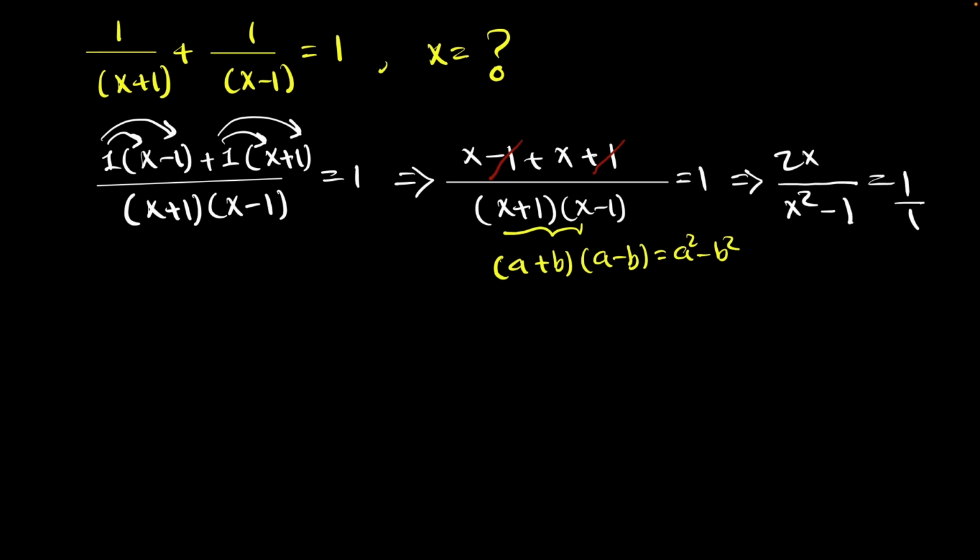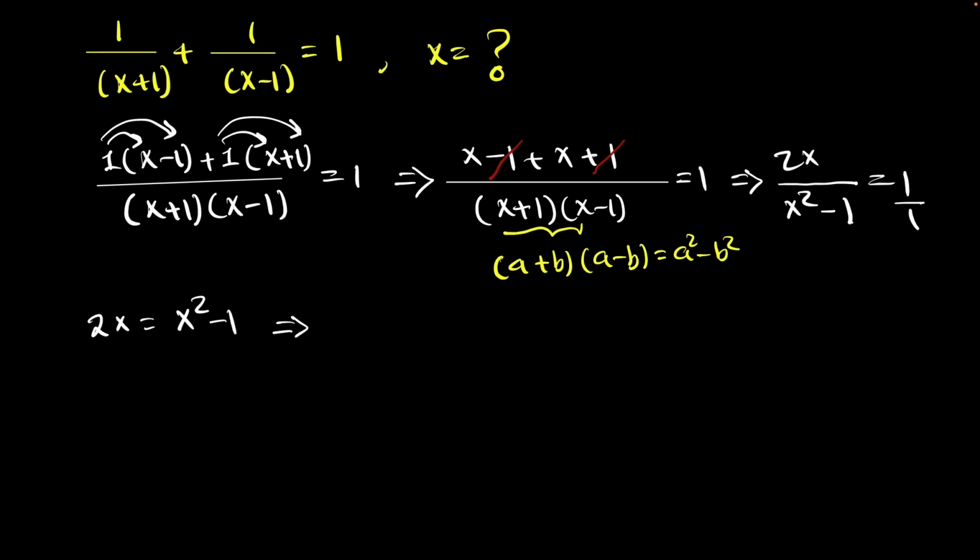For solving the question, we are going to multiply the right side and left side diagonally. So 2x times 1 is 2x equal to x squared minus 1 times 1 is x squared minus 1.